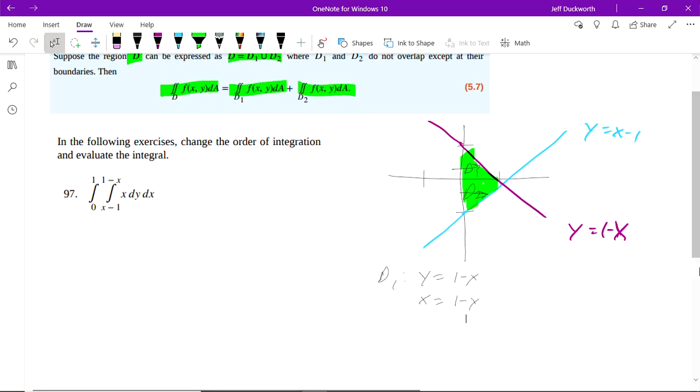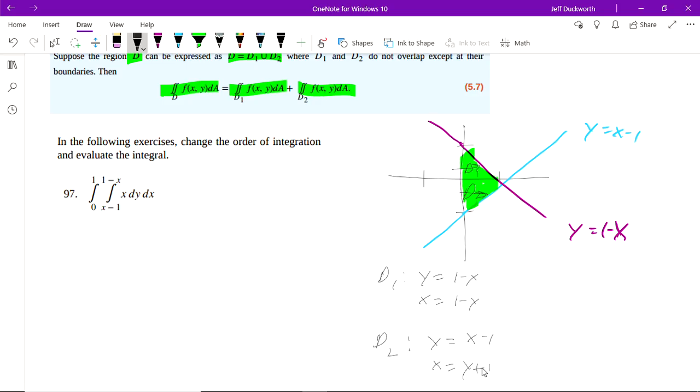And for D2, we've got y equals x minus 1 for that one, which gives us then x equals y plus 1.